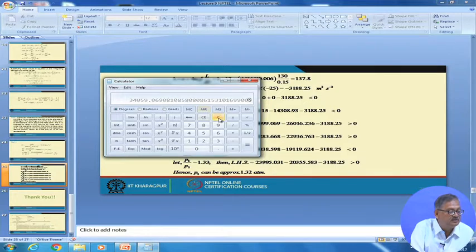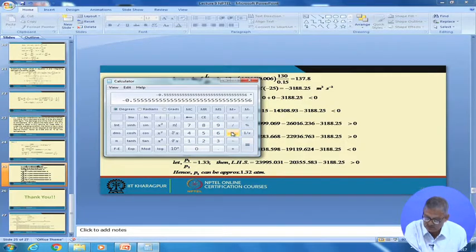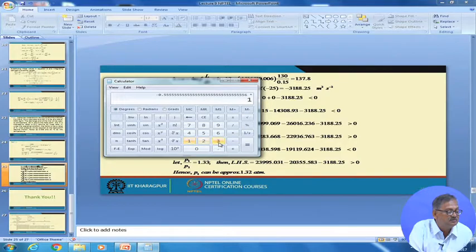Okay, that was negative, that is 1.5 square inverse minus 1 is equal to that minus into 1.37, 137.8 into 3.48.